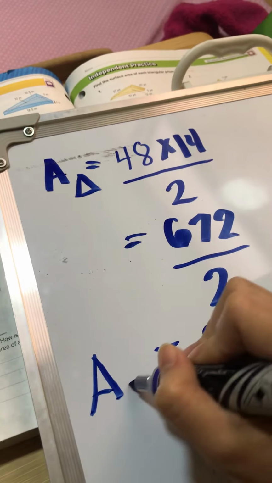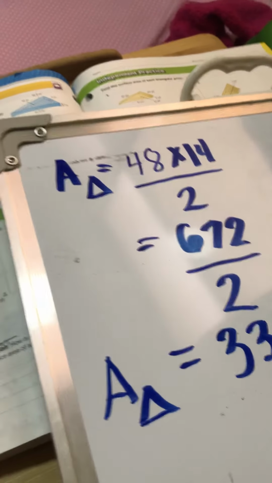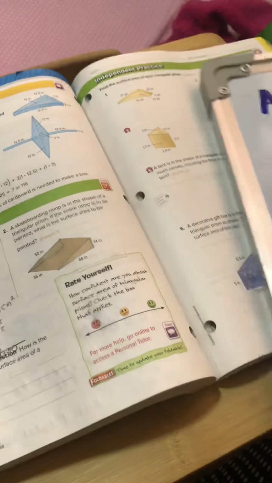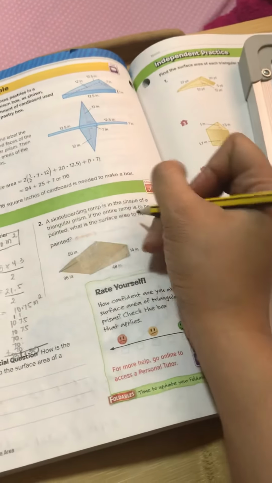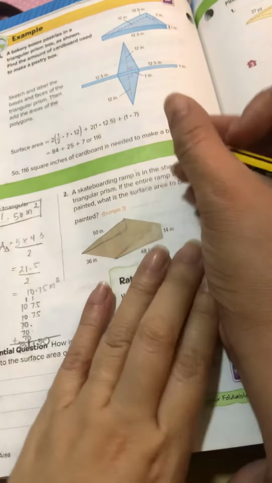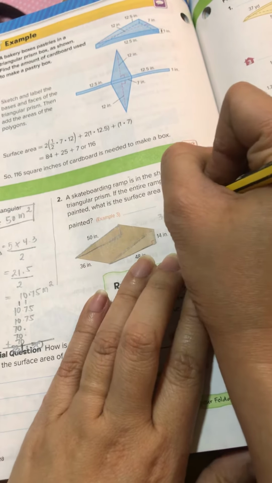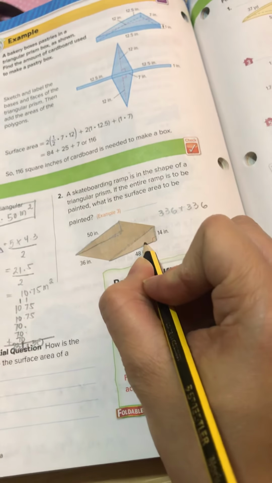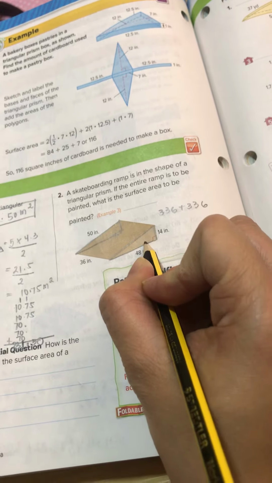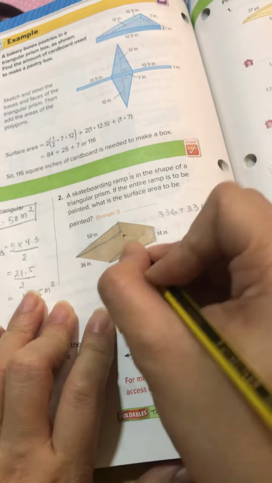That's the area of the triangle. Since we don't have any space, I'll write it here now. So you write here 336, plus another 336 since we have two triangles. Got it? Now let's solve for the rectangle down.